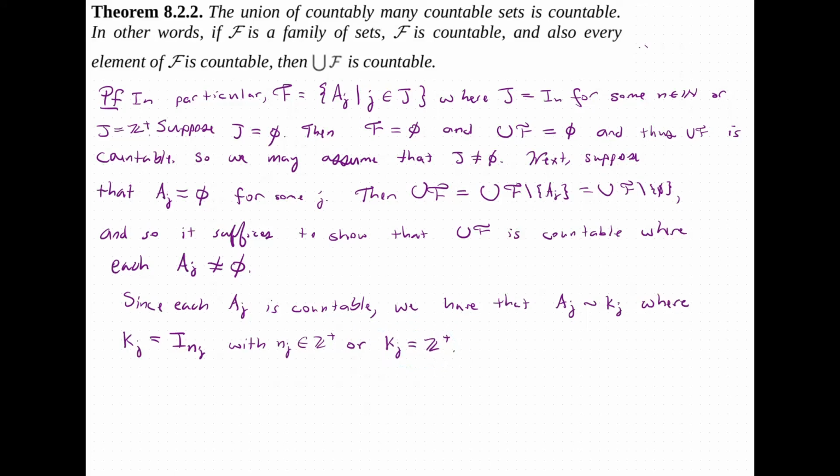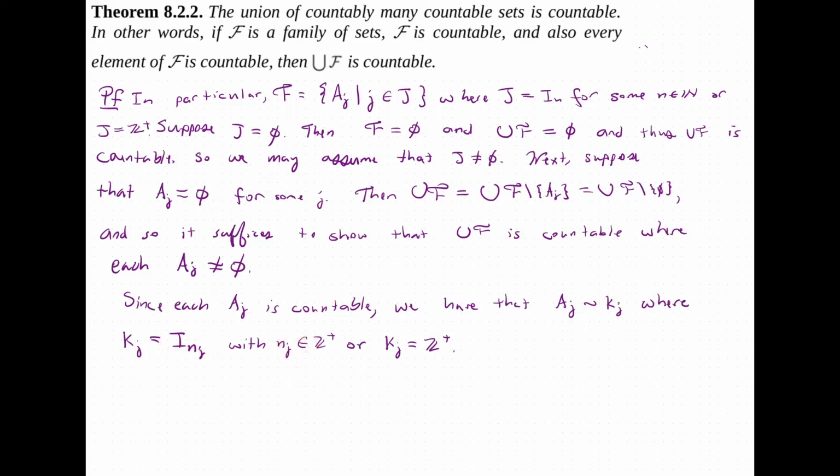Now, what is going on here? Because there's a lot of notation. All that we're saying is that since A sub j is countable, it's denumerable or finite. But the thing is, we're working with countably many j's. And so I am being careful by writing K sub j to say that a specific A sub j has a corresponding set K sub j of the form I sub n sub j with n sub j a positive integer.